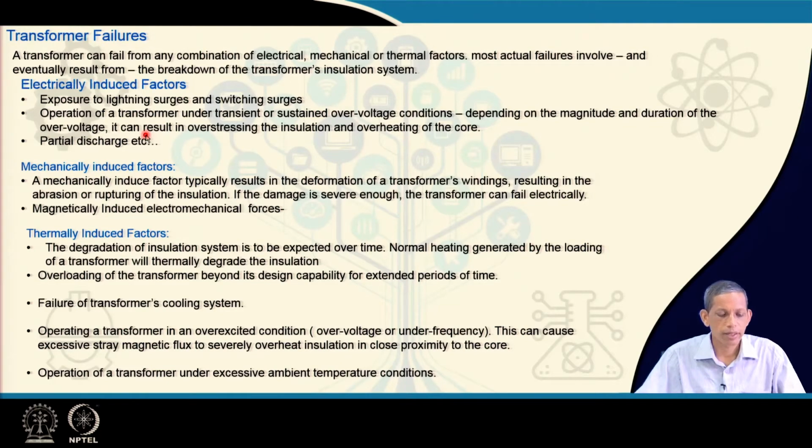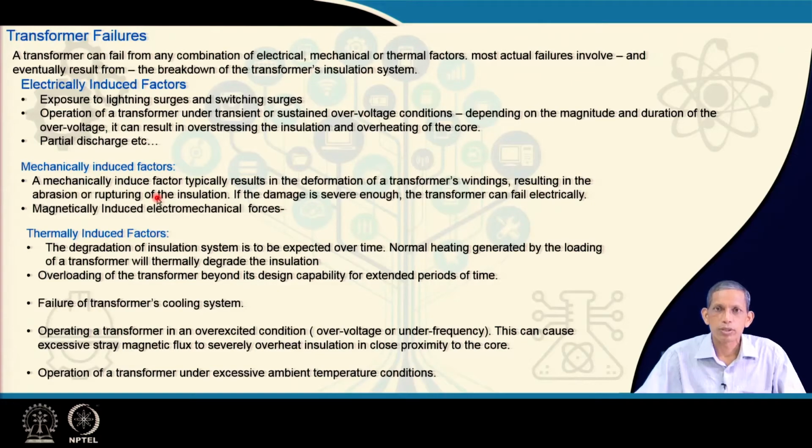Further, magnetically induced electromechanical forces may be so severe during large current, during a fault in the system, even externally, and may lead to insulation failure also. Those mechanical forces may not be immediately noticed, but that may lead to degradation of the insulation and finally result in a permanent fault.